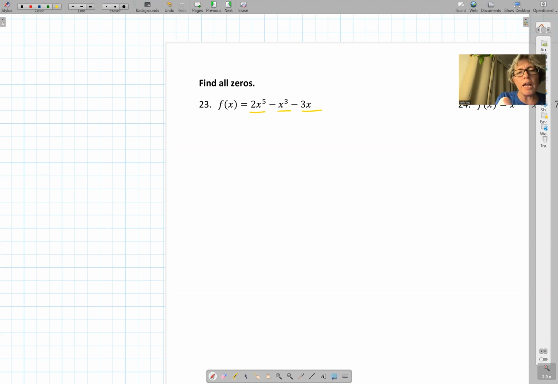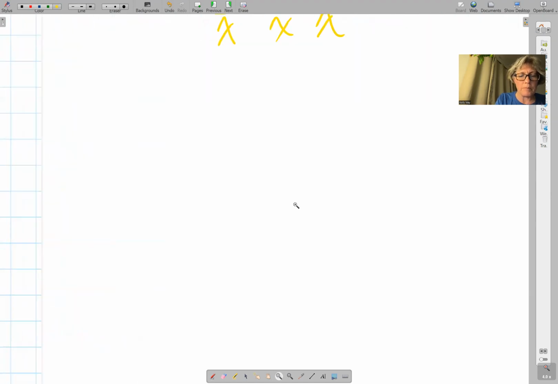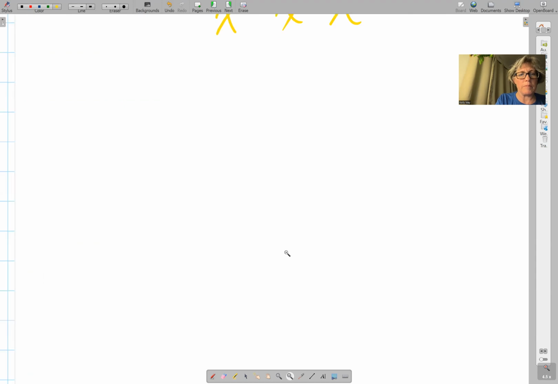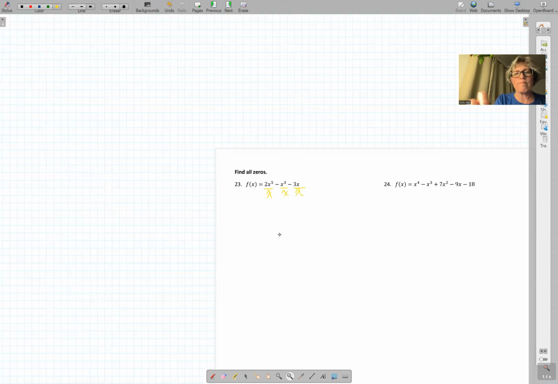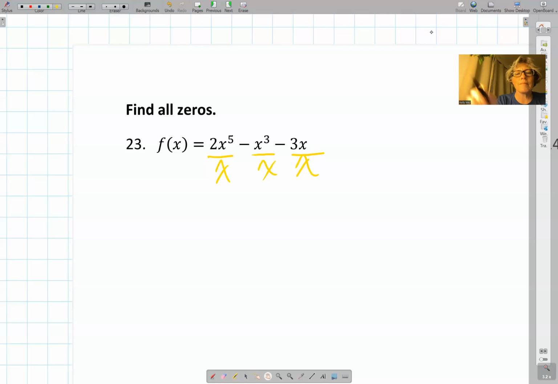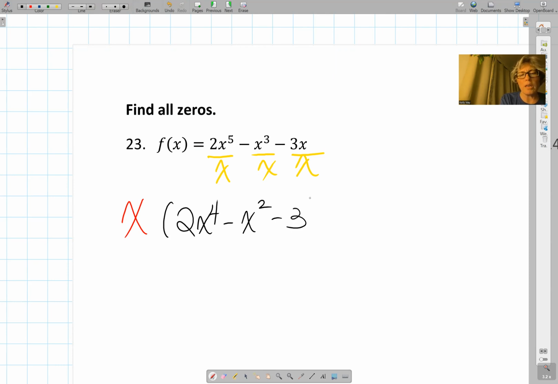So we're going to take out an x out of everything, obviously. So we're pulling out an x, and what's left is 2x to the fourth minus x squared minus 3.